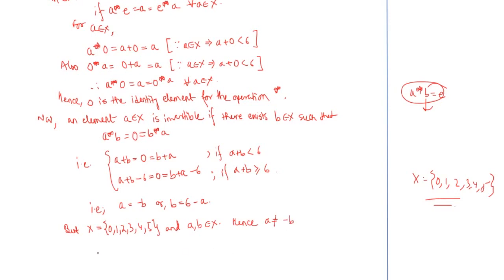Therefore, b is equal to 6 minus a is the inverse of a for all a belongs to X and a not equal to 0. So we can say that a inverse is equal to 6 minus a for all a not equal to 0.